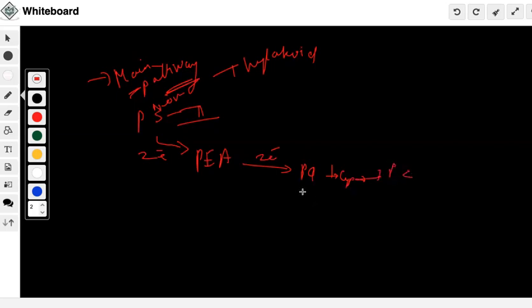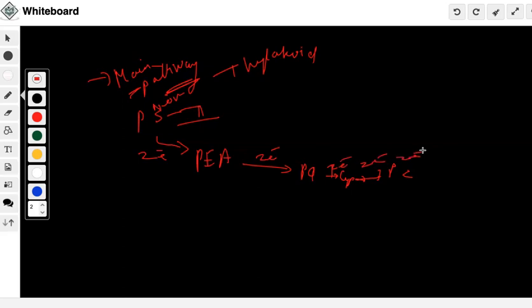What are PQ, CY, PC? PQ is plastoquinone, CY is cytochrome complex, PC is plastocyanin. In each step, 2 electrons are given.